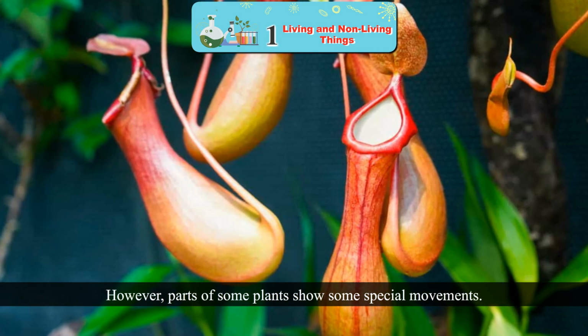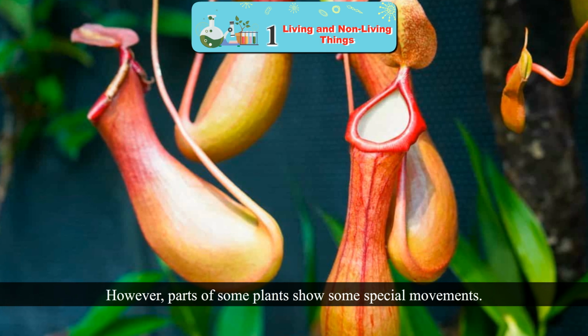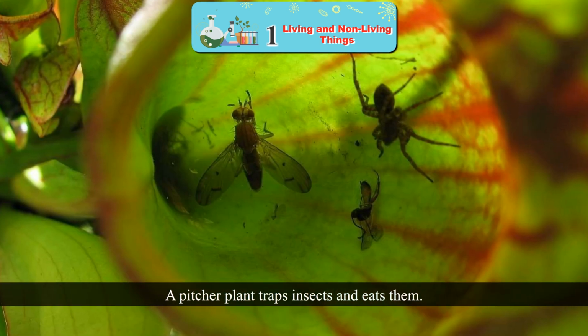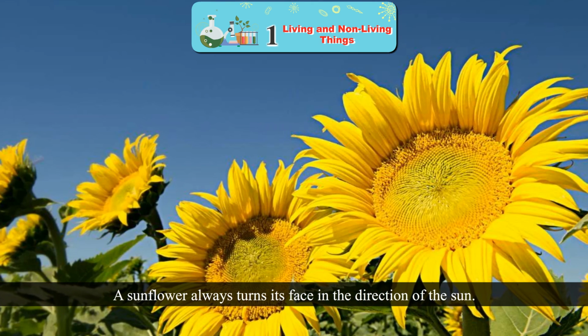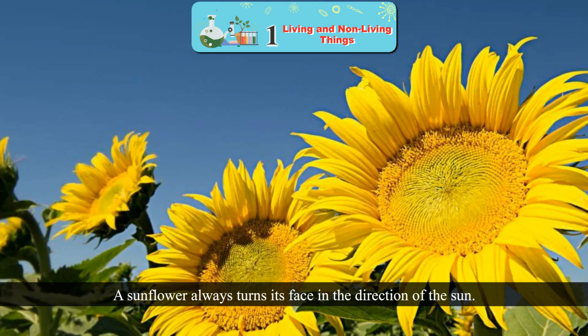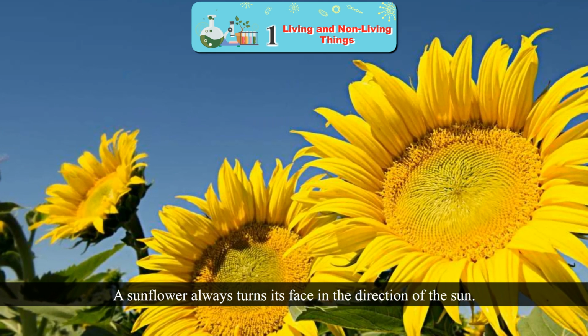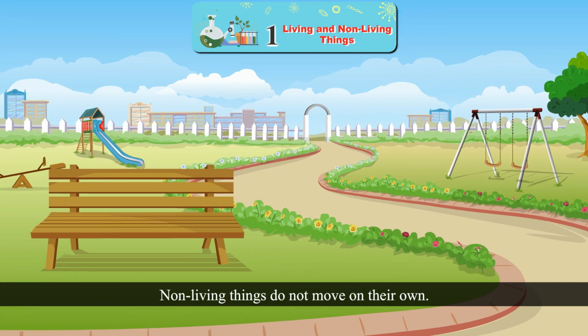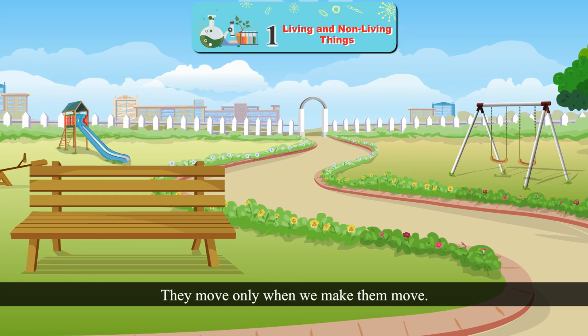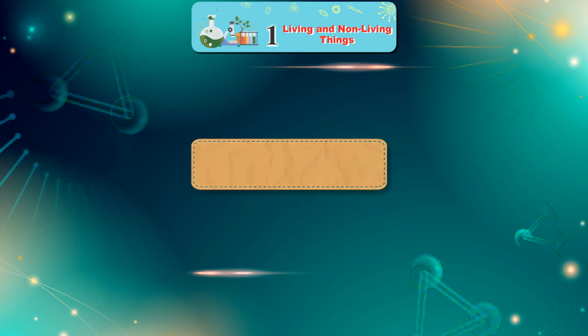However, parts of some plants show some special movements. A pitcher plant traps insects and eats them. A sunflower always turns its face in the direction of the sun. Non-living things do not move on their own. They move only when we make them move.